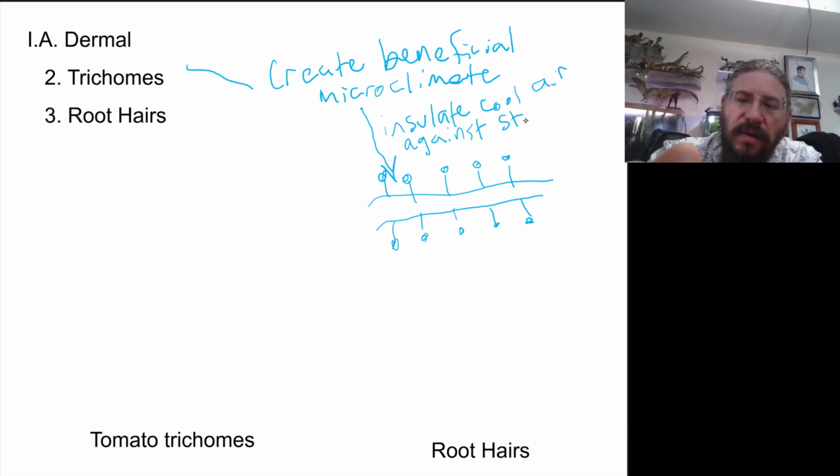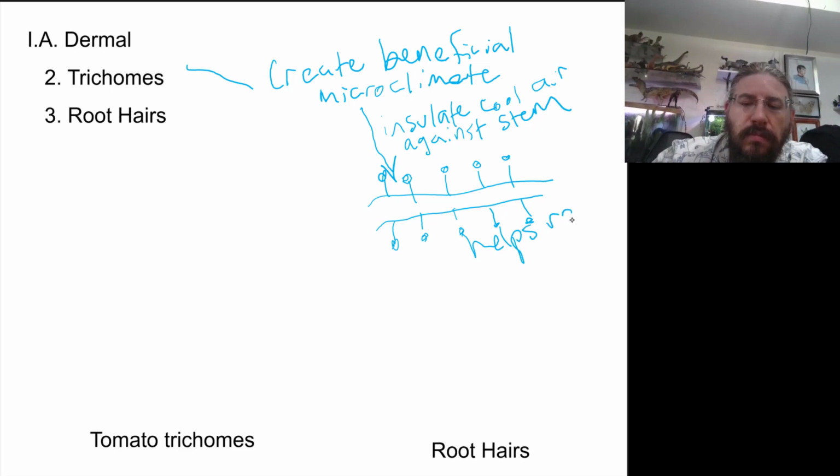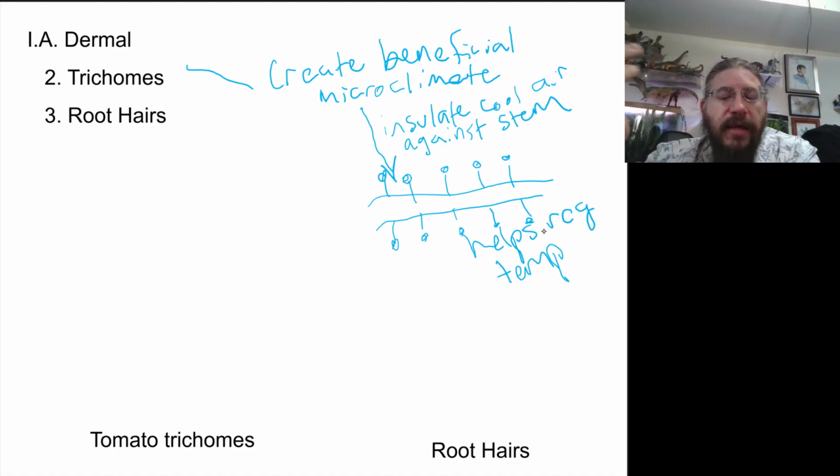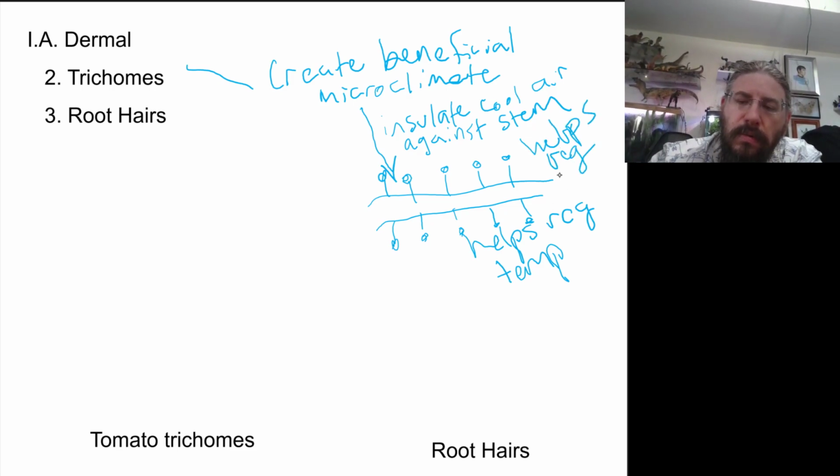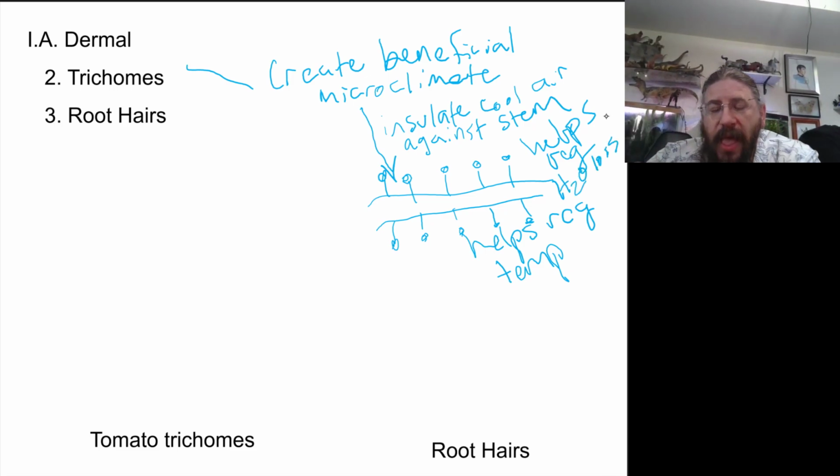This means the plant's temperature is regulated a bit. And cooler air has lower rates of evaporation, so it helps regulate evaporation. So that's pretty cool.